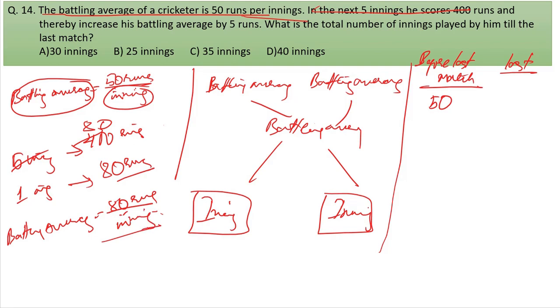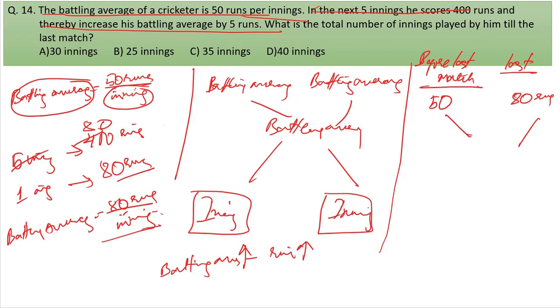So here we have 80 runs. Again, in the second part of the question, we have thereby increases batting average. If he increases batting average, he'll be having more runs. His runs also will increase, so I'll put here plus 5.